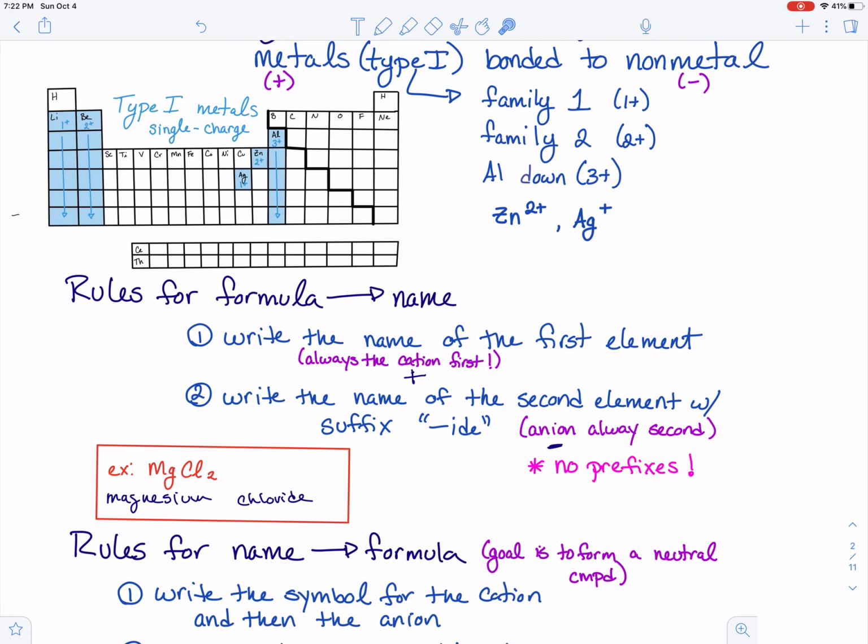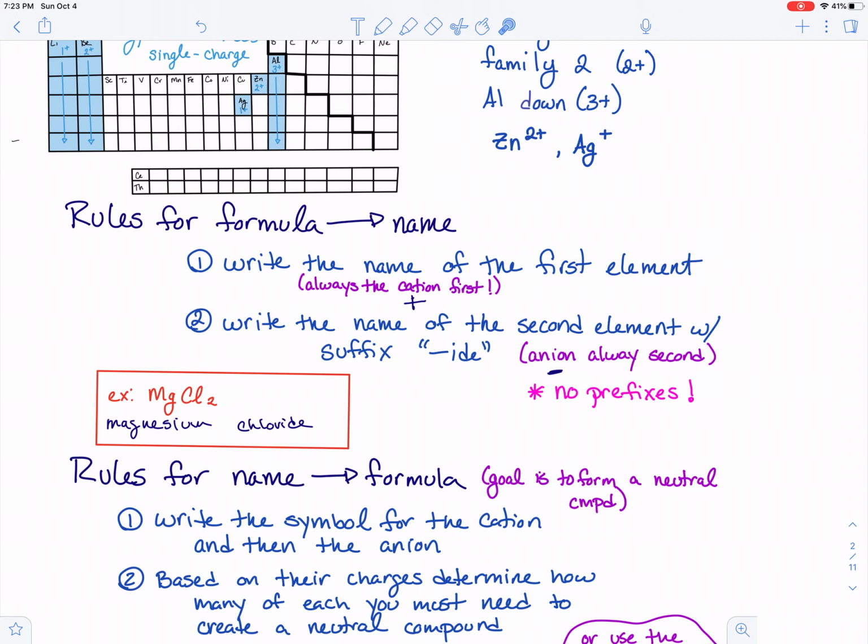The first thing you're going to do is write the name of the first element. It should always be the cation. Then you're going to write the name of the second element using the suffix "ide." The anion will always be written second. You don't use any prefixes or Roman numerals. You just use the name of the first element. Second element ends in "ide."